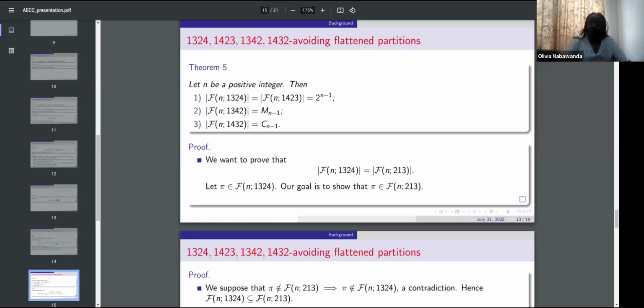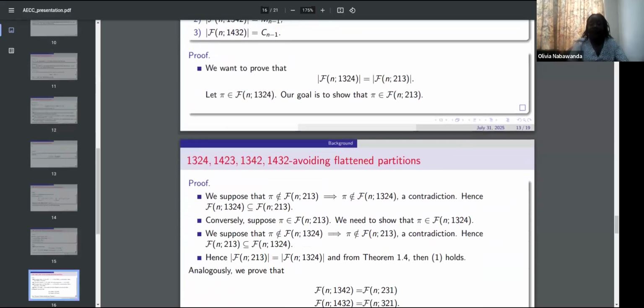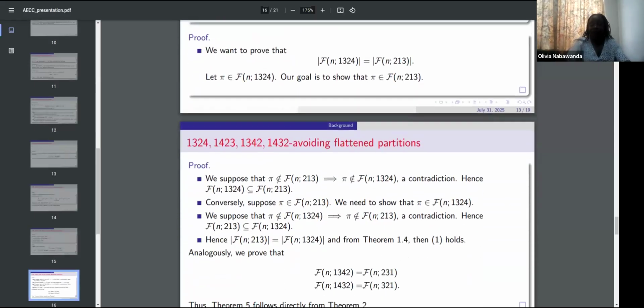I proved this by first supposing that we have a flattened partition pi which avoids 1324, and the goal was to show that pi also avoids pattern 213. We did this by contradiction, supposing that pi is not 213 avoiding.